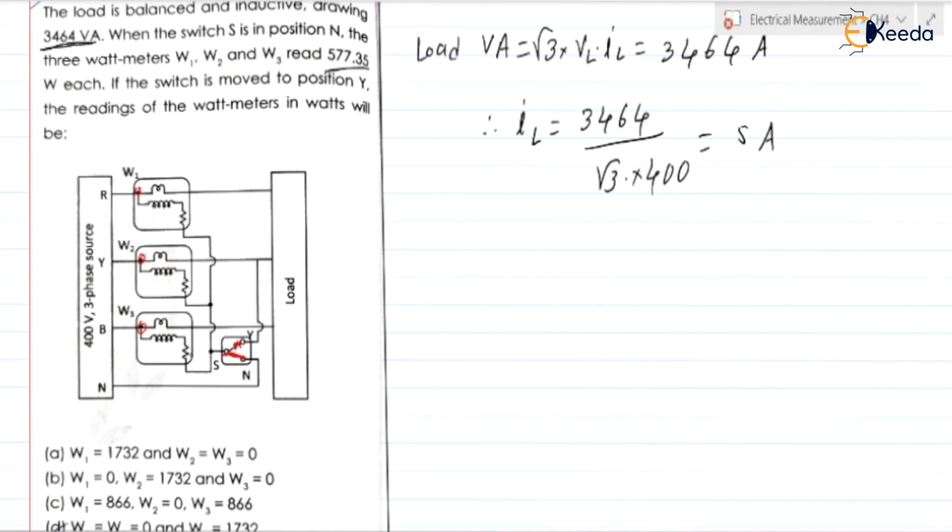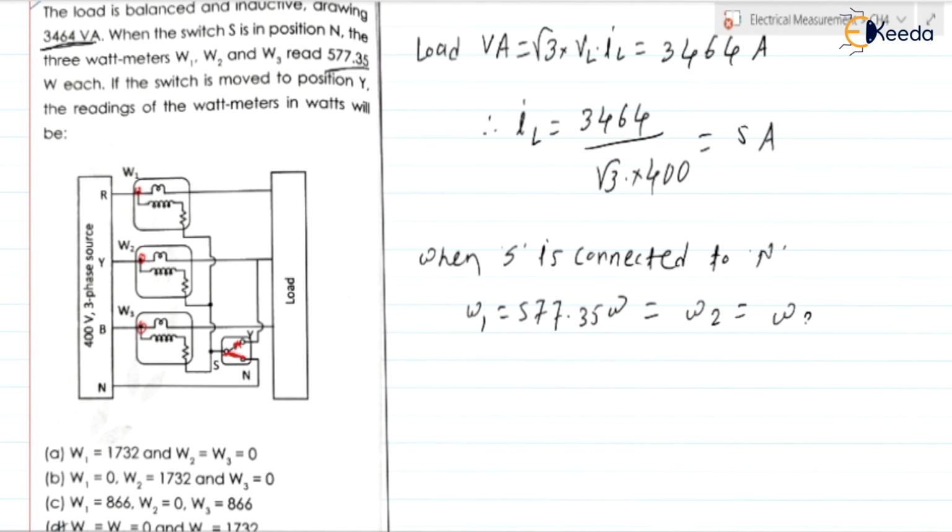So each wattmeter will measure the per phase power. When switch S is connected to point N, we know W1 is equal to 577.35 watts, which is equal to W2, which is equal to W3.